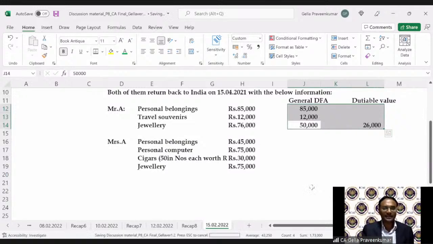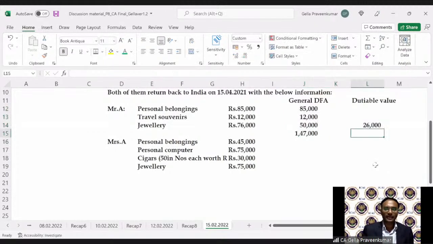Are you clear with Mr. A? Examination, this is tested for 3 marks. Rupees 1,47,000 is duty free, and dutiable rupees 26,000. This would be your answer.